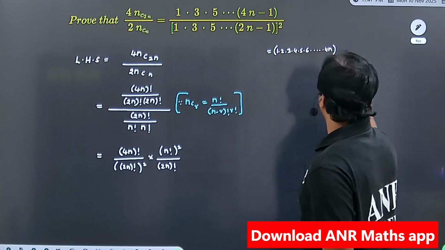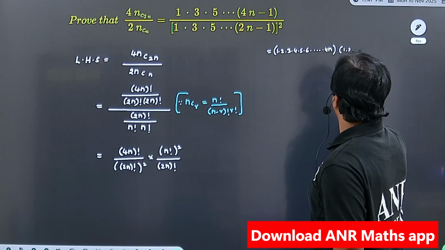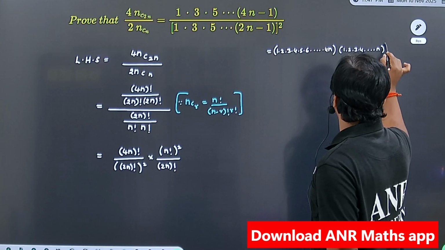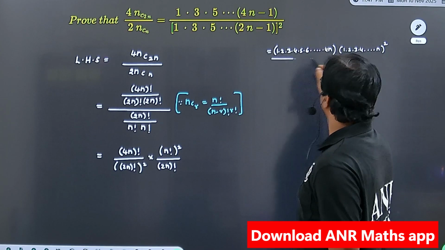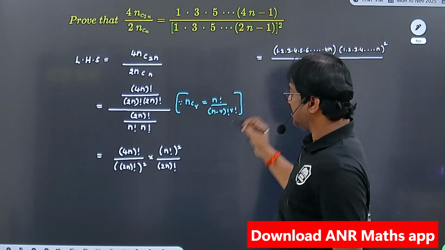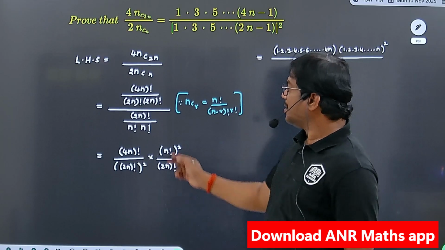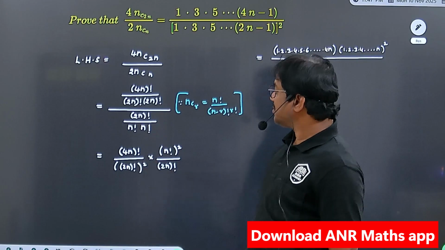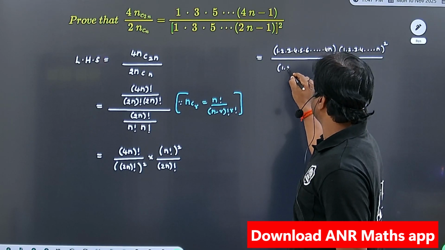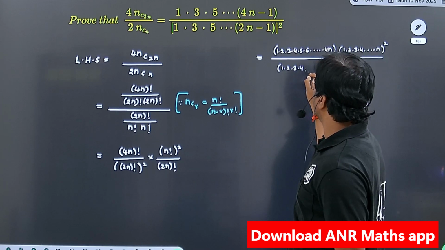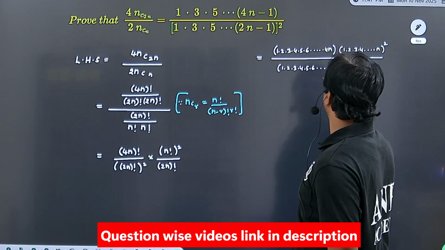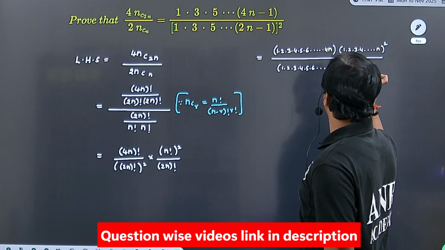Next, n factorial is written as 1 into 2 into 3 into 4 and so on n, whole square, divided by, in the denominator part, 2n factorial whole cube, that is 1, 2, 3, 4, 5, 6 and so on 2n, whole to the power of 3.